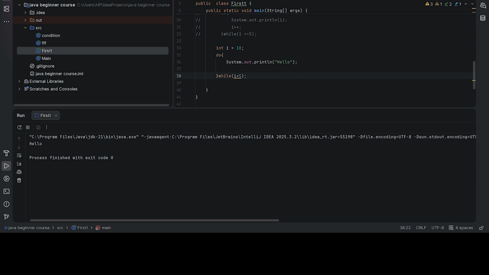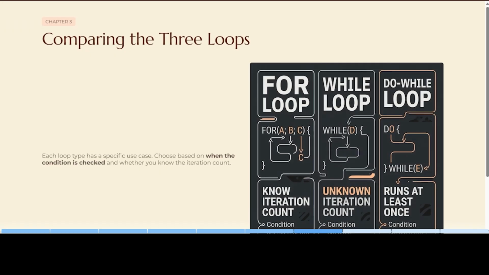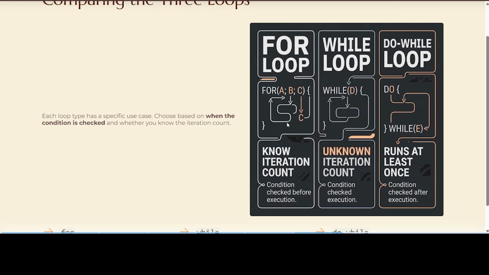Okay, next we are going to see a more interesting topic, that is the break statement. Have you all heard about the break statement? First, let's compare the loops: for loop, while loop, do while loop. For loop and while loop check the condition before execution.